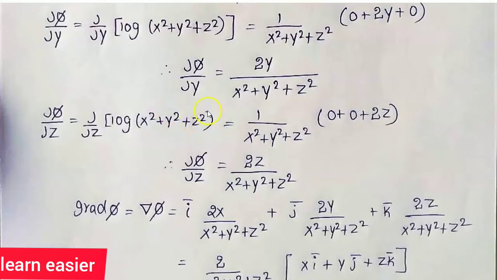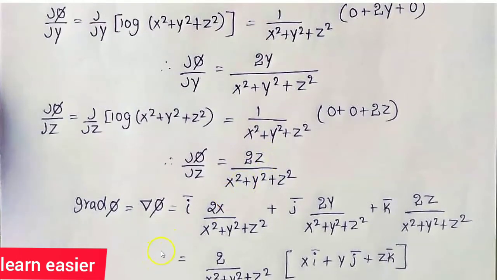The derivative of z squared is 2z. Why are they 0? Because we differentiate the phi function with respect to z, so we take x and y as constant, and their derivatives are 0. So finally we have dou phi by dou z is equal to 2z by x squared plus y squared plus z squared.